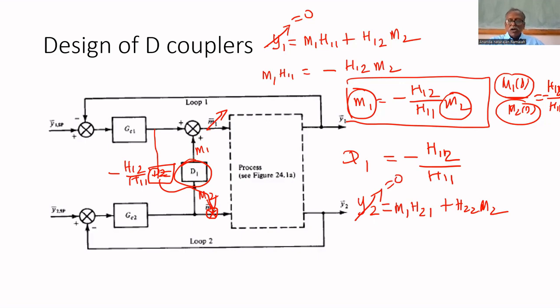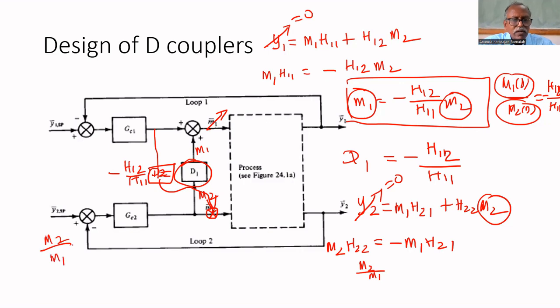To keep Y2 0, I have to find how much additional M2 is required. Therefore, M2 H22 equal to minus M1 H21. Therefore, M2 of S by M1 of S equal to minus H21 by H22.